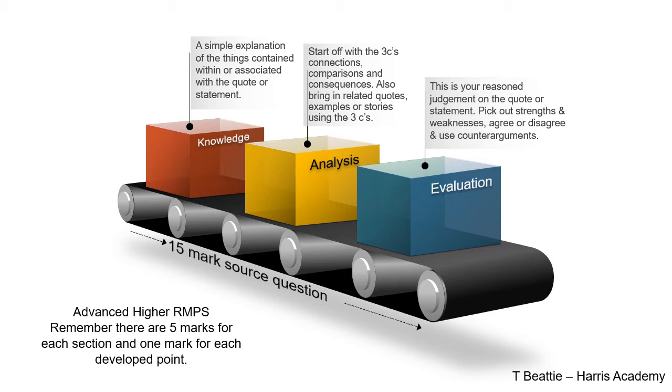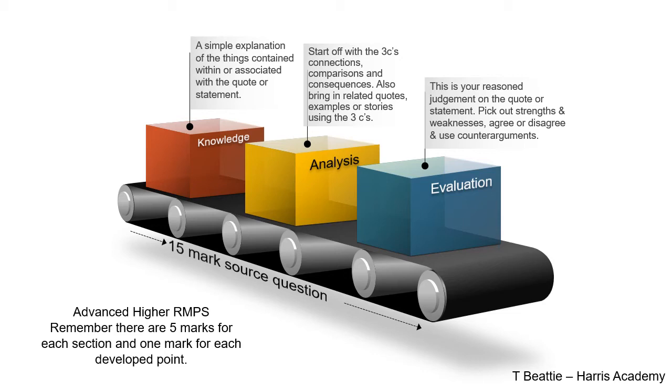When you move along to the analysis then, I like to start off with the 3 C's. So for me, that's looking at any connections. What can you connect this quote to? Look at any comparisons as well, so similarities or differences, and consequences as well. Those consequences, implications: because of this, the implication will be this, or a consequence of this will be.